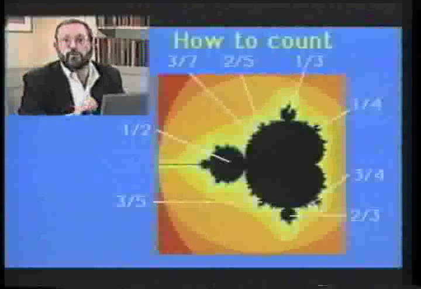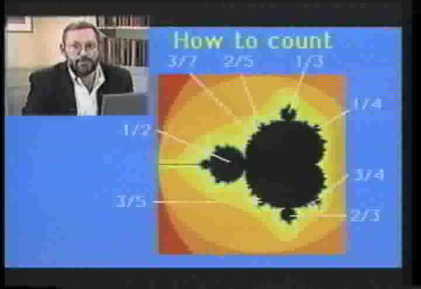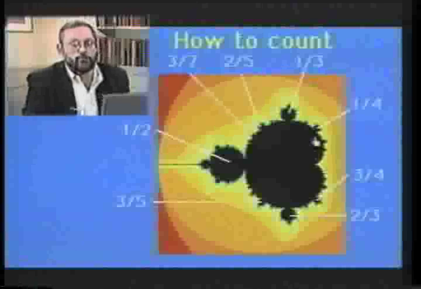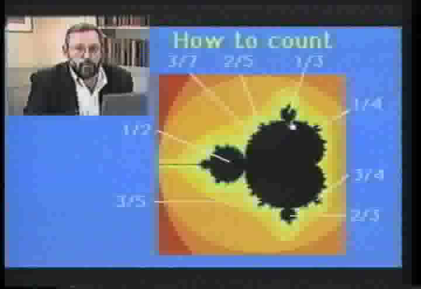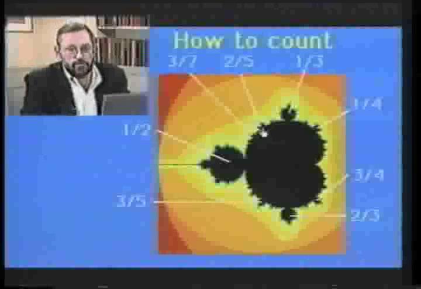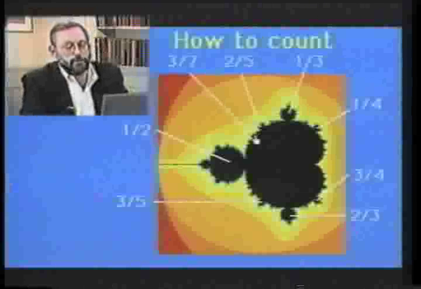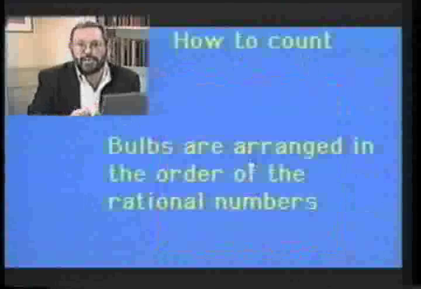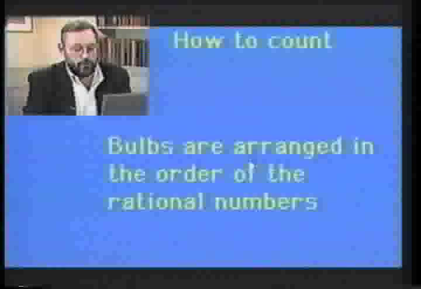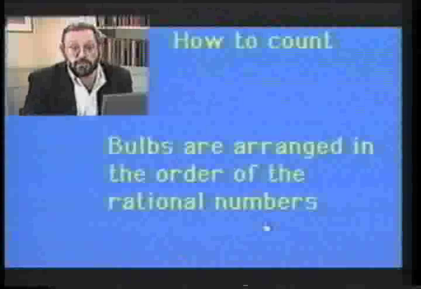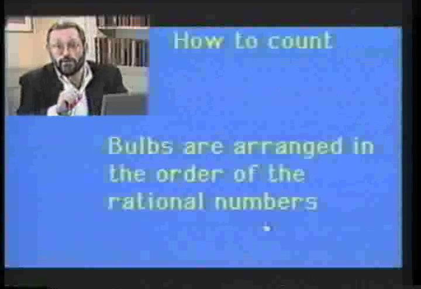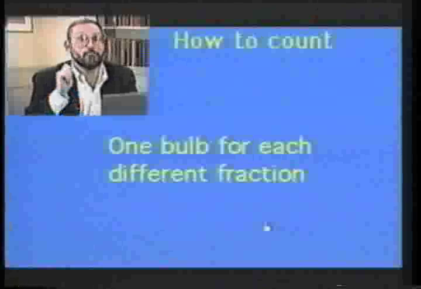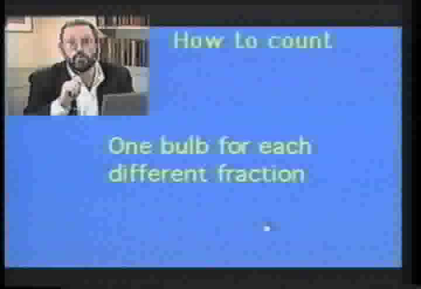You see something about the order of these fractions? Notice that they're in exactly the right order. 1/4 is smaller than 1/3, which is smaller than 2/5, smaller than 3/7, and so on. These bulbs are arranged in the exact order of the rational numbers. Moreover, if you give me any fraction whatsoever, there's a bulb that corresponds to that fraction.